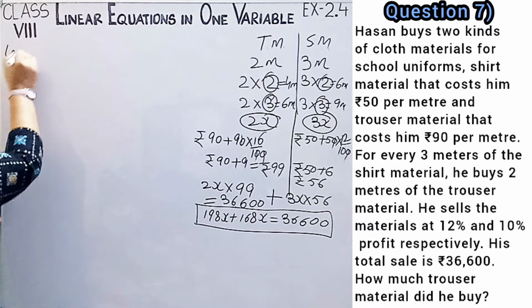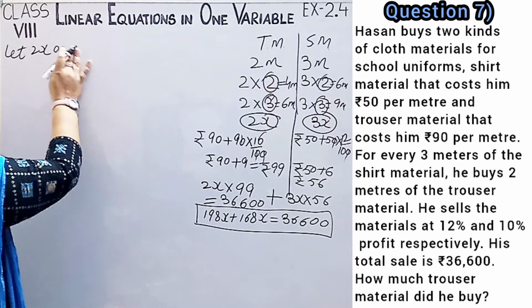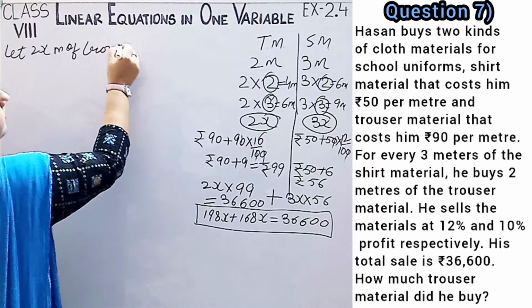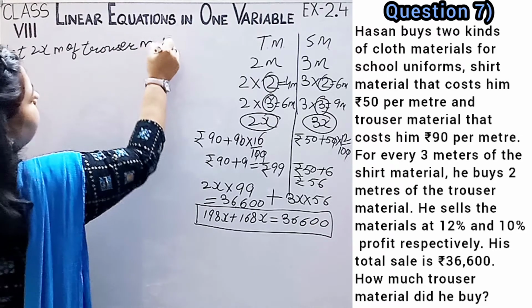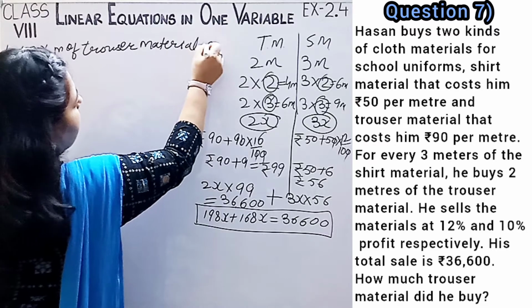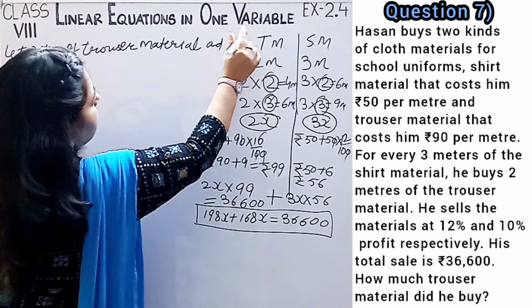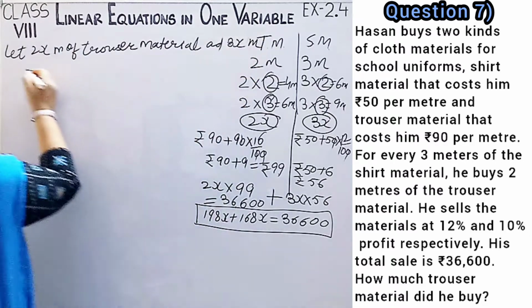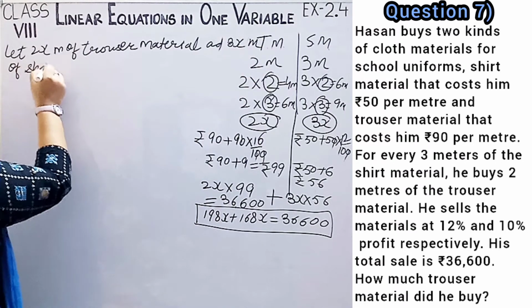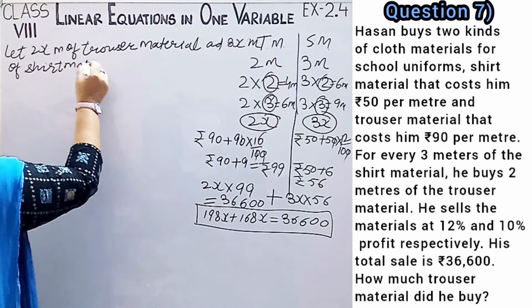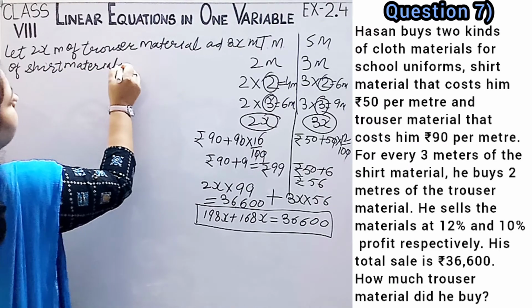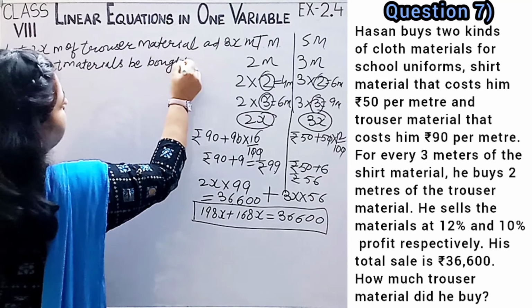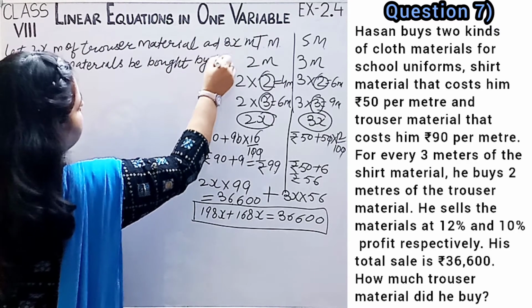So let 2x meter of trouser material and 3x meter of short material be bought by Hassan.